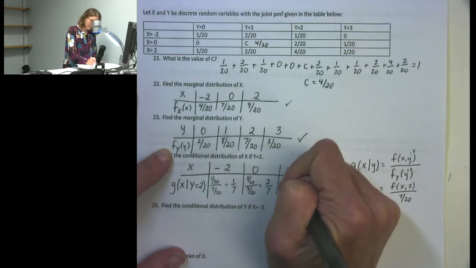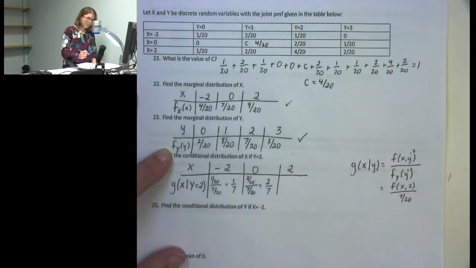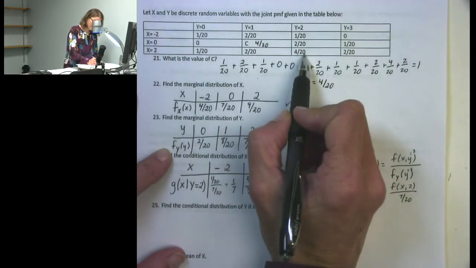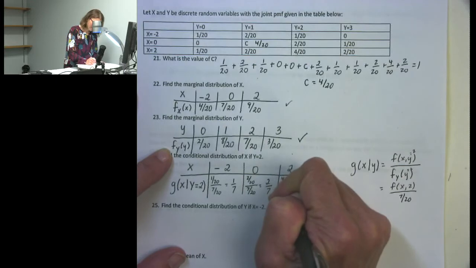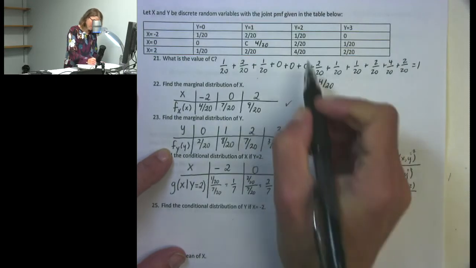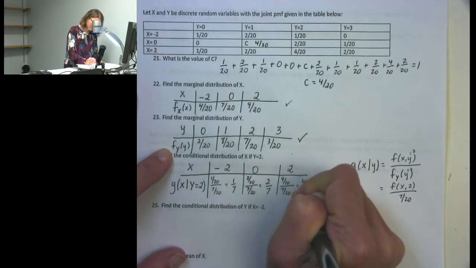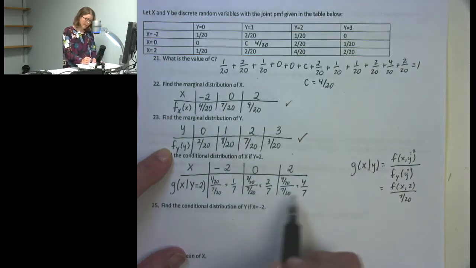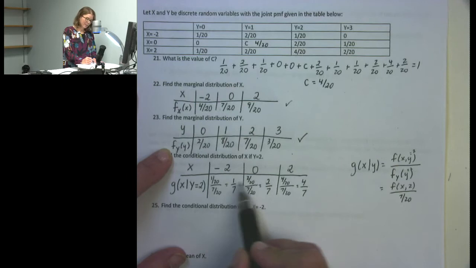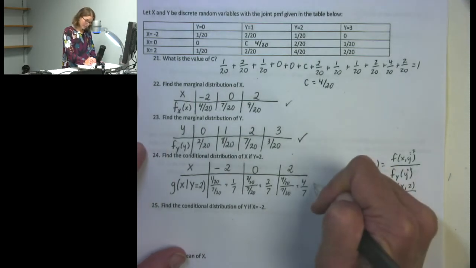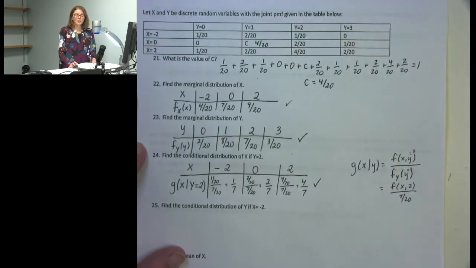And finally, for x equal to 2, the probability that x is 2 and y equals 2 is 4/20 divided by the marginal probability, 7/20, gives me 4/7. And again, I need to double check. 4/7 plus 2/7 plus 1/7 equals 1. So this is a valid conditional distribution.